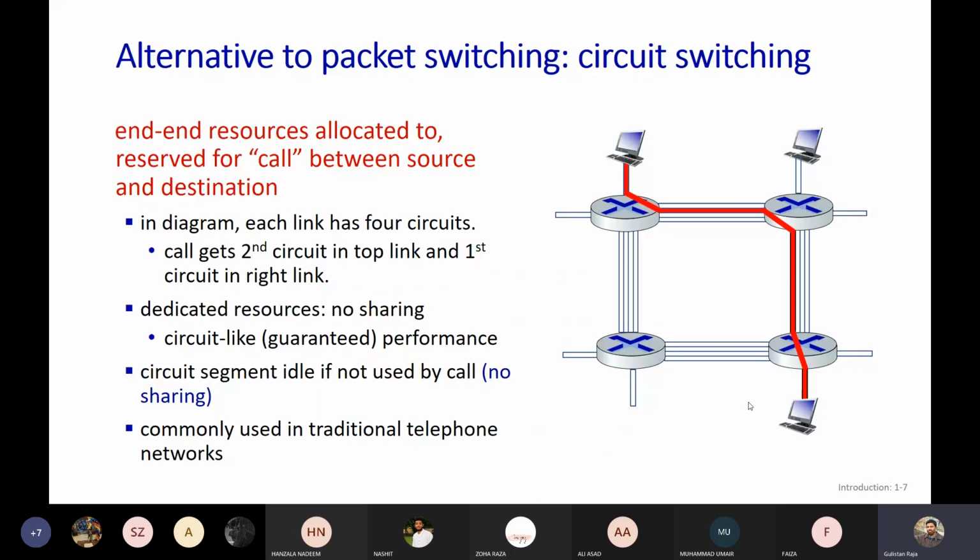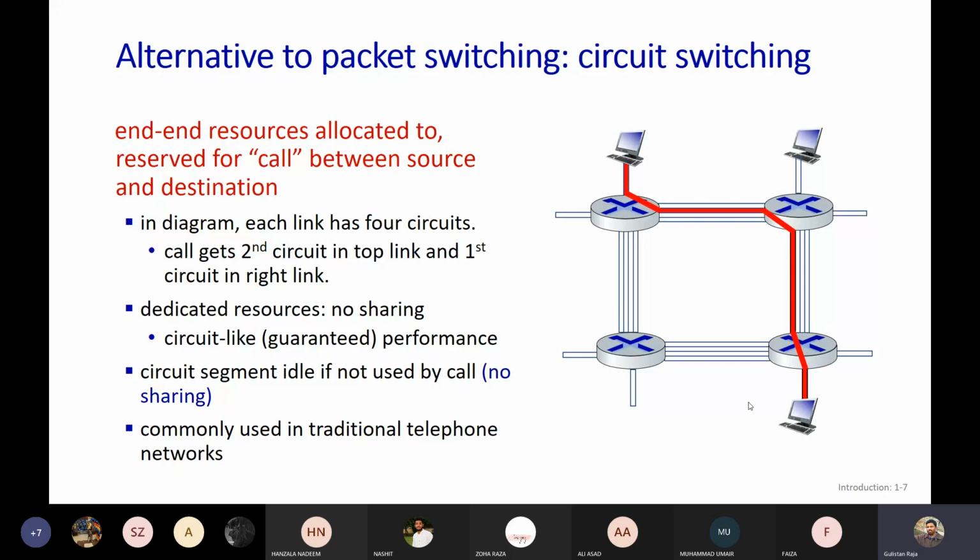In a telephone call, if you want to talk with someone, you don't start talking first. First, you need to dial a number, right? Once the connection is established between you and your friend, then you start talking. So this establishment of connection is a requirement before you talk on the telephone, right?